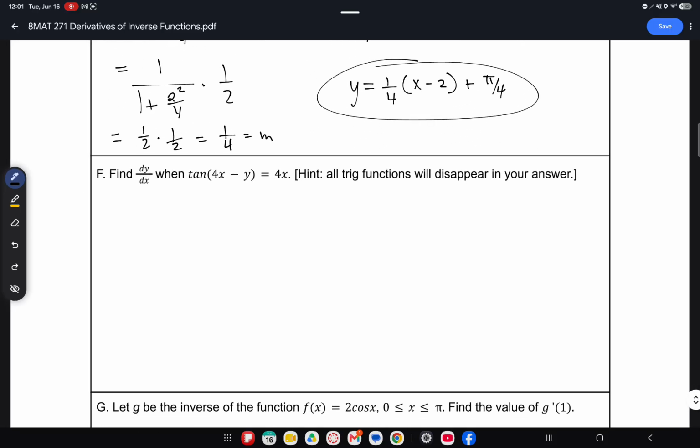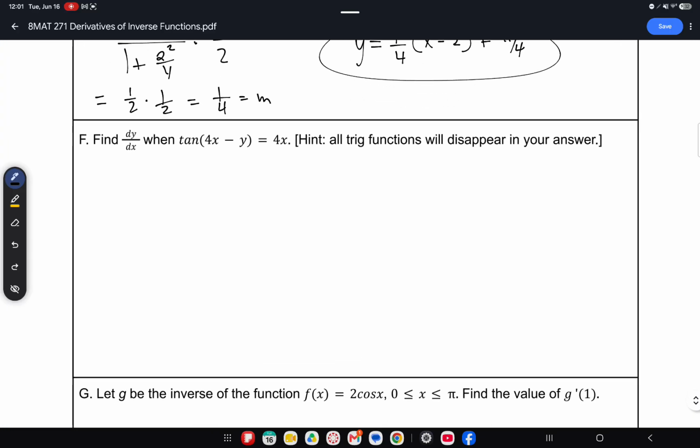Let's try another one. Find dy/dx when tangent of 4x minus y equals 4x. All trig functions will disappear in the answer. All right, so I don't have my implicit differentiation rules yet, so I can't use that just yet. So what we can do is isolate y. So let's take the inverse tangent of both sides.